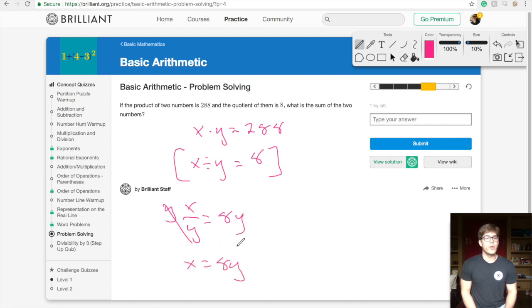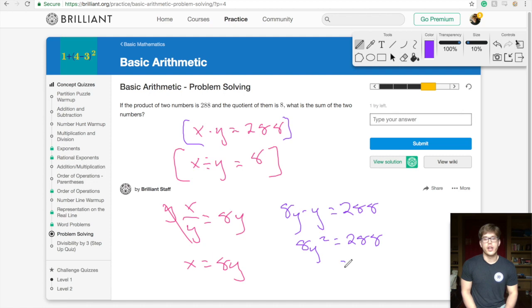We can plug 8y into our initial expression, so instead of x, we have 8y times y equals 288. So this is 8y squared equals 288.